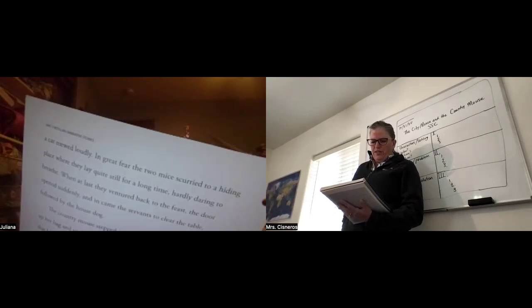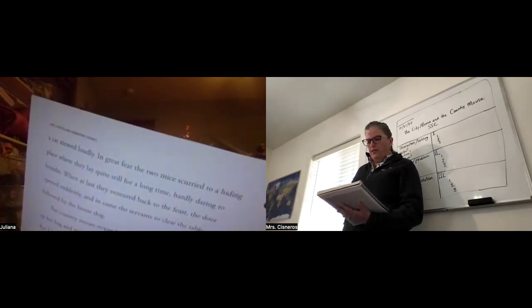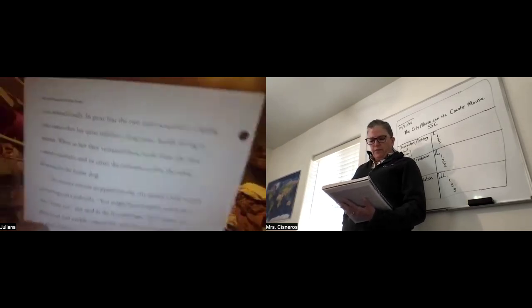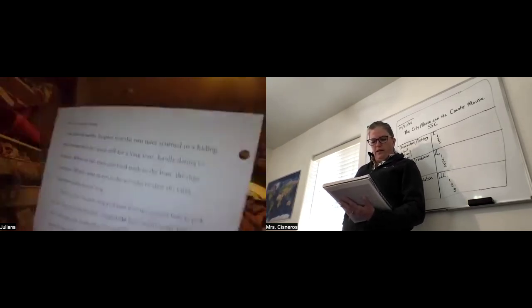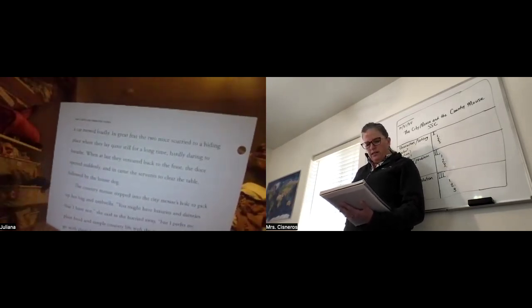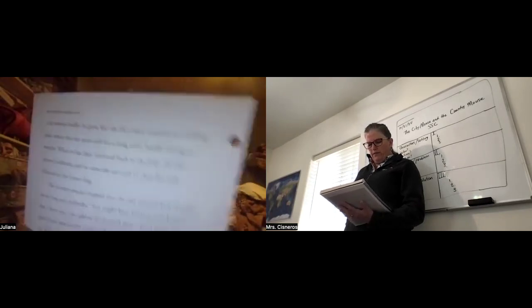After the meal, the city mouse chatted about her life in the city with its luxuries and delicacies. They then went to bed in a cozy nest in the hedge, which is like a bush, and slept comfortably until morning.